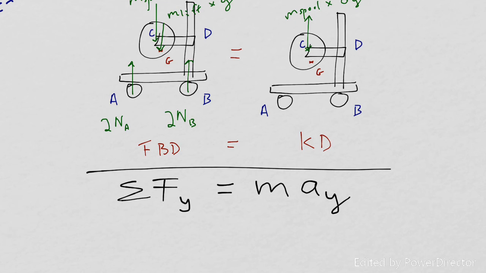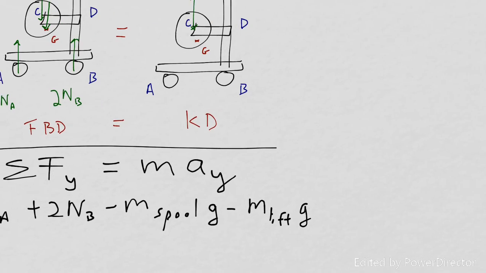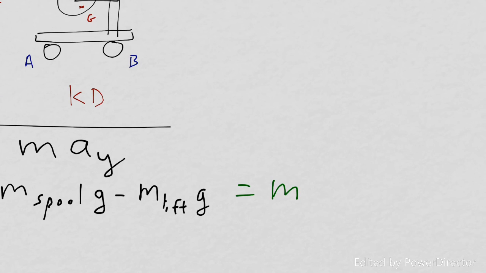Over here it becomes very simple because, looking at the free body diagram, I will have my 2 NA plus 2 NB minus my M spool G minus my M with G equal to my M spool AY, because it's going up, so that will be positive.